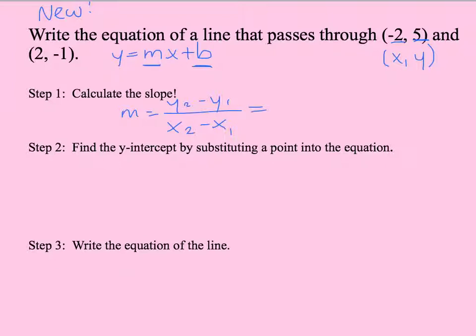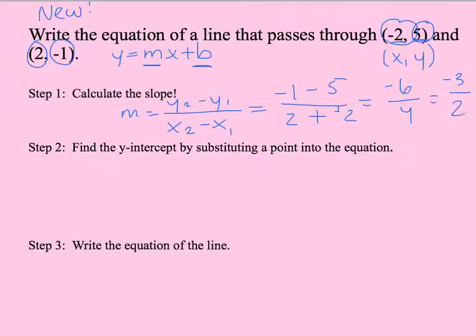We take y2, the y value of our second point, which is -1, minus y1, the y value of our first point, which is 5, divided by x2, which is 2, minus x1, which is -2. Remember, 2 negatives equal a positive, and we simplify this, so -1 minus 5 is -6, 2 plus 2 is 4. Simplify again, we can divide the top and bottom by 2, so we get -3 over 2.